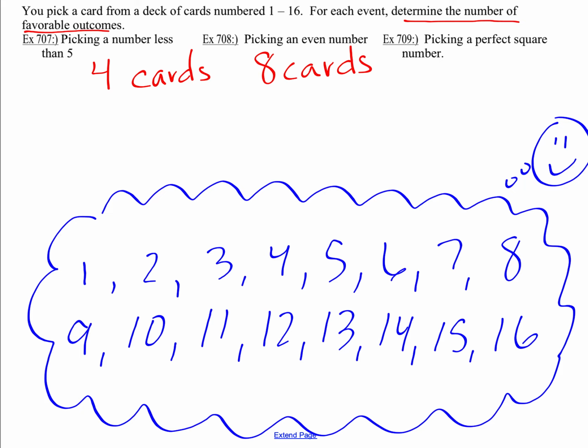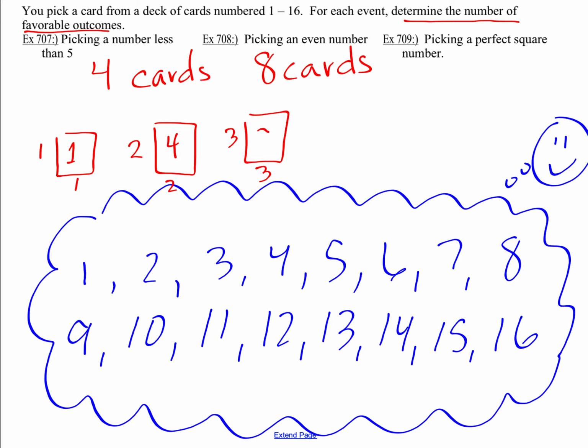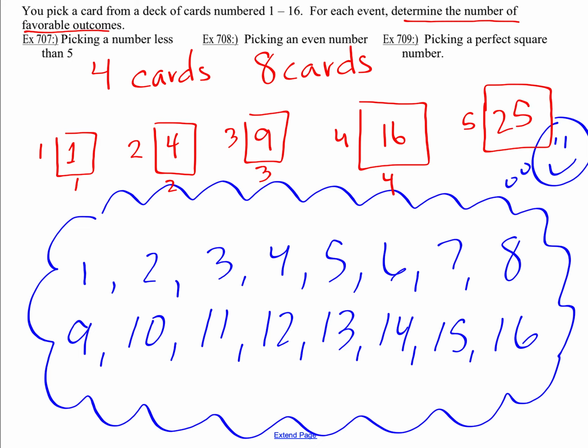Okay, example 709. Picking a perfect square number. Now, perfect squares, these are the numbers that, if you had a square, 1 by 1 has an area of 1. 1 is a perfect square. A 2 by 2 square has an area of 4. 4 is a perfect square. A 3 by 3 square has an area of 9. A 4 by 4 square has an area of 16. A 5 by 5 square would have an area of 25.